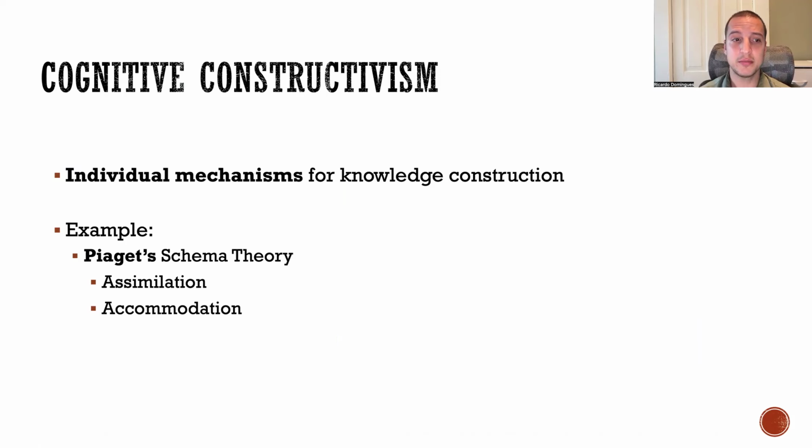If you remember, Piaget's schema theory claims that people learn through the processes of assimilation and accommodation. Piaget's schema theory exemplifies individual mechanisms for knowledge construction, and therefore it's aligned with the cognitive constructivism perspective.